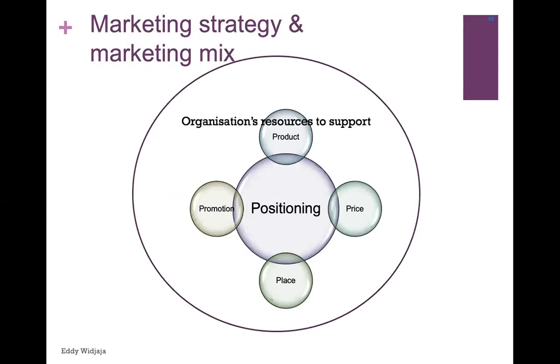In other words, the positioning strategy should be supported by the marketing mix variables that we offer for the consumers. Because the positioning is an abstract concept. It lives in the consumer's mind, and the ones that the consumers can look at are basically the product, the price, the distribution, the placement, and the promotion that we offer.